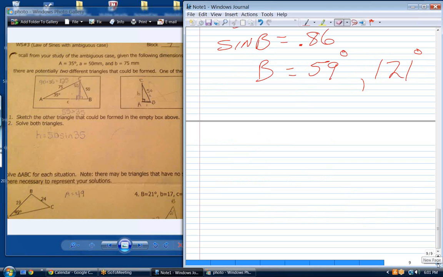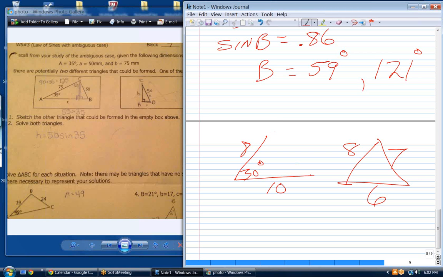There's only two situations where you use the law of cosines to start. Only. That's when you have side, angle, side, and side, side, side. The reason is because with neither of these do we have an angle and its opposite side.